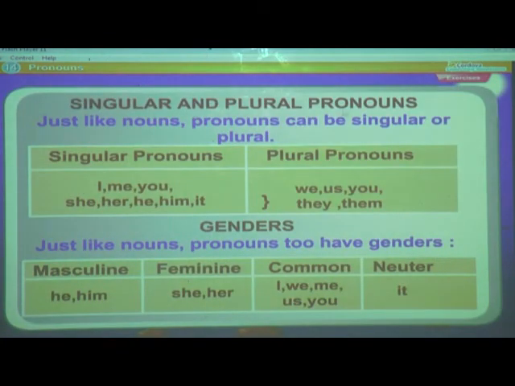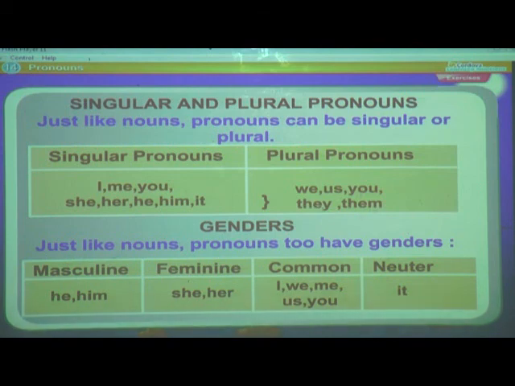Singular and plural pronouns. Just like nouns, pronouns can be singular or plural. Singular pronouns: I, me, you, she, her, he, him, it. Plural pronouns: we, us, you, they, them.